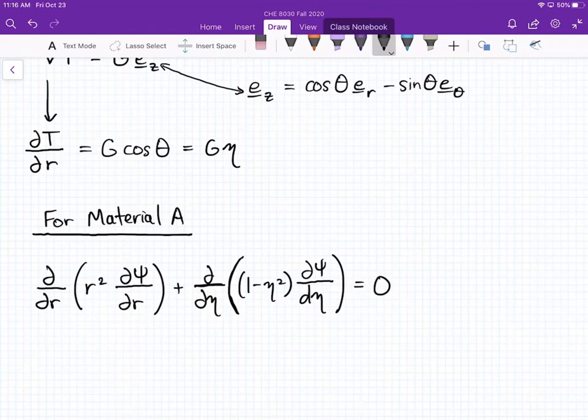I'm going to go ahead and define one of the boundary conditions for material A. That boundary condition I can take from my far field condition, because that far field condition is giving me information about what's going on in material A far away from the surface of that sphere.